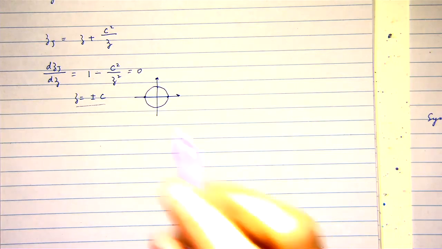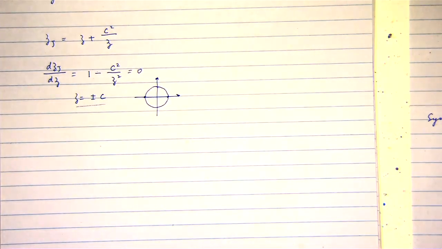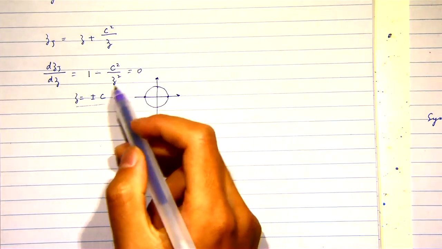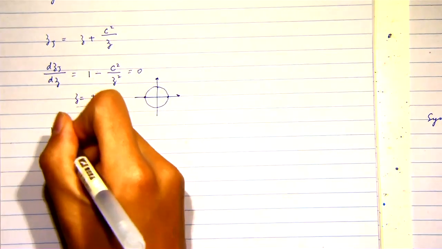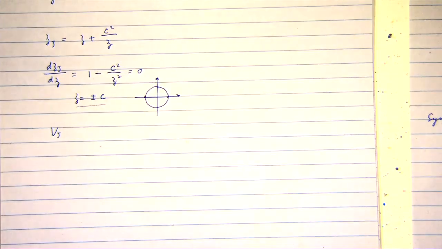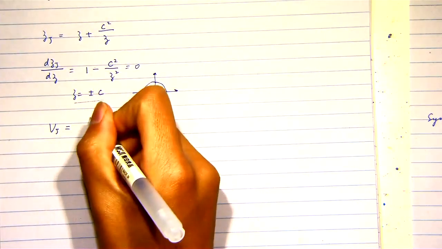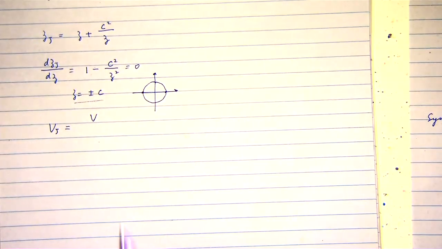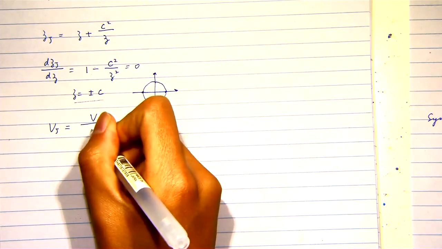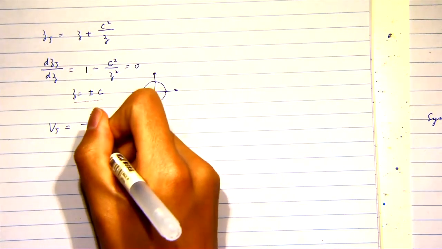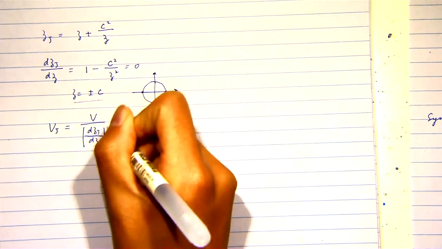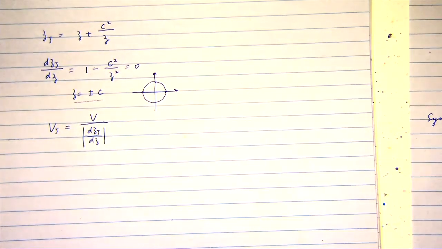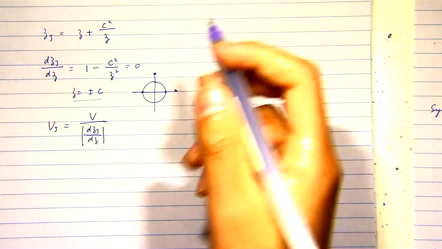One thing that comes directly out of this critical point is when we want to calculate the velocity in the transformed plane. The velocity magnitude Vj equals the velocity magnitude in the original plane divided by this multiplying factor, the modulus of dzj/dz.